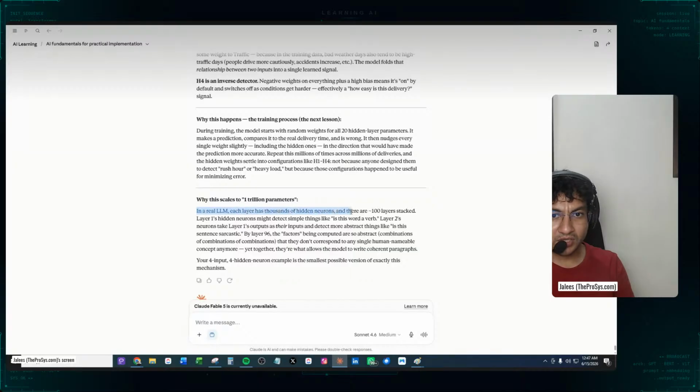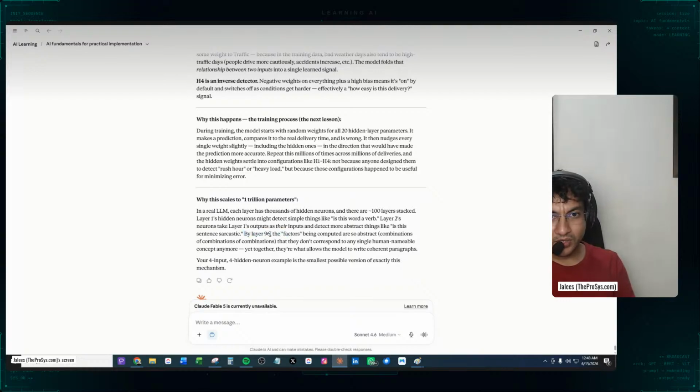Why does this scale to 1 trillion parameters in real LLMs? Each layer has thousands of hidden neurons, and there are around 100 layers stacked. A layer 1 hidden neuron might detect simple things, like is this word a verb. Layer 2 neurons take layer 1's outputs as their inputs and detect more abstract things like, is this sentence sarcastic?